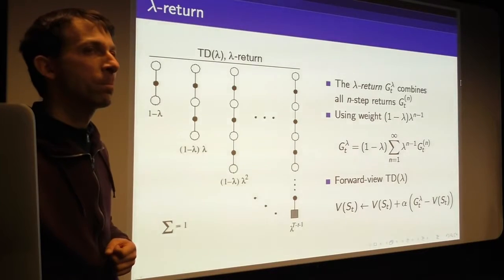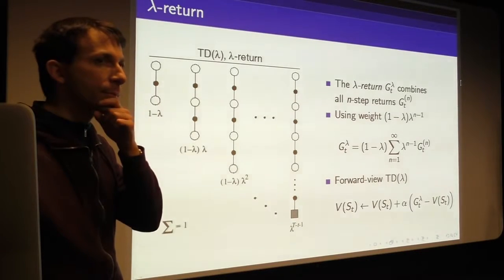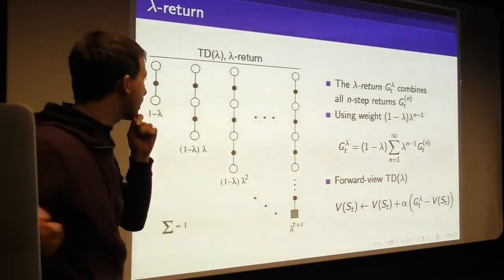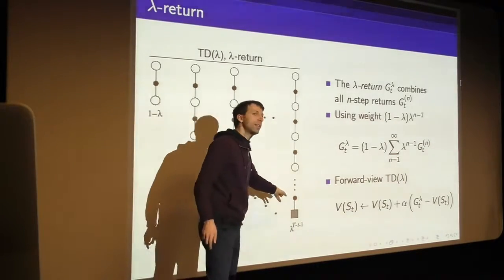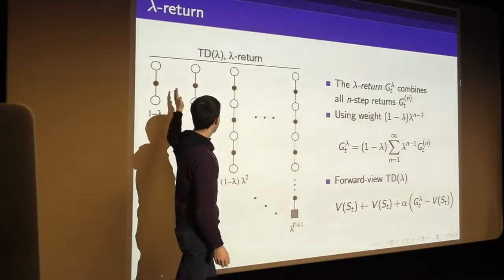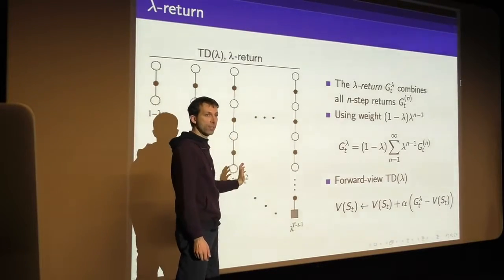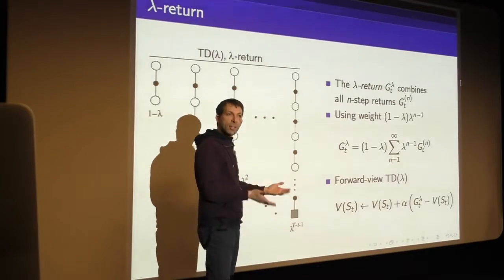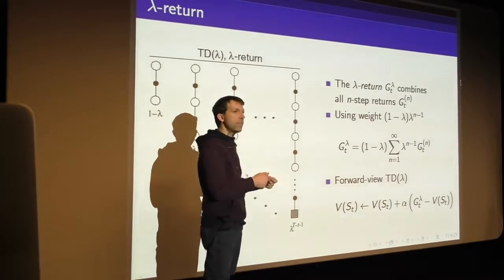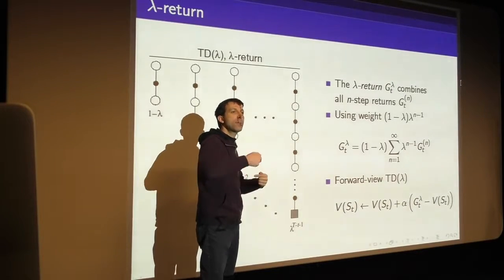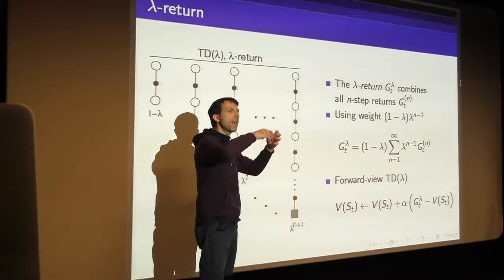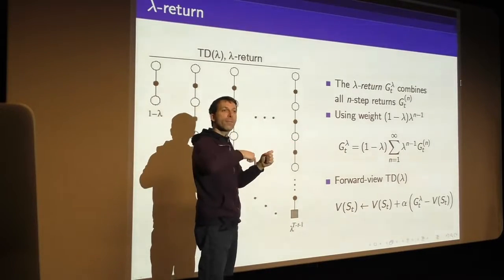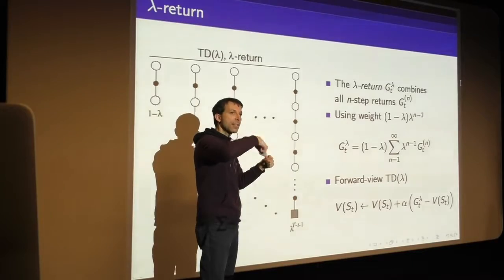Yeah, question. Is it always the case that the last weight in this formula is smaller in comparison to the previous? It's always the case until the final step, until the algorithm terminates, that the weights are getting less by a factor of lambda. The final weight actually can be larger. Just think of this as you can always take any episode that terminates and replace your terminating MDP by an MDP that goes on forever, and it just stays in the same state, getting 0 rewards again and again.